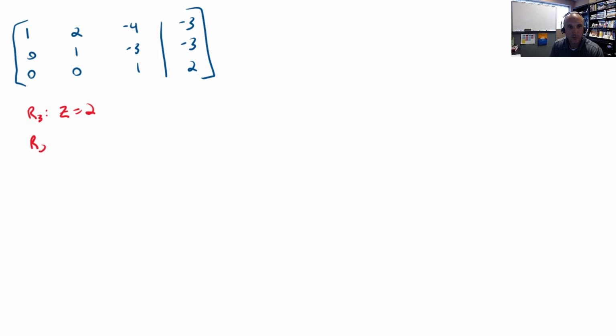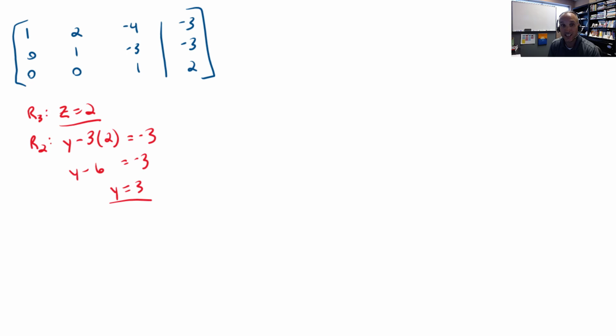Then we back up to row 2, which says that 0x plus 1y, so y, minus 3z, so minus 3 times 2, equals -3. So y minus 6 equals -3. And then add the 6 over to see that y equals 3.